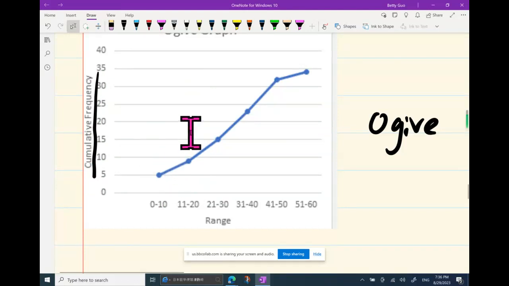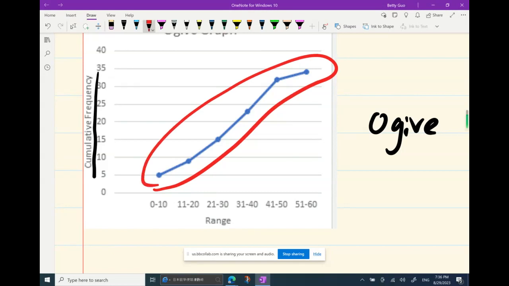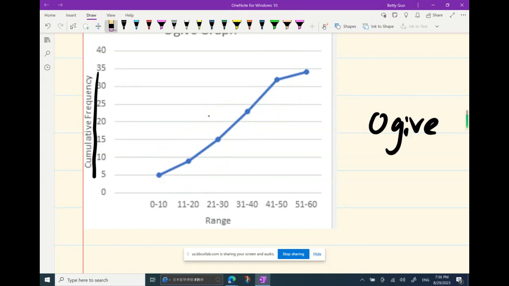When you look at the cumulative frequency distribution table from top to bottom, the frequency is accumulating, so it's getting bigger. That's the reason an ogive is kind of like a line graph, and it is increasing because the frequency is accumulating.